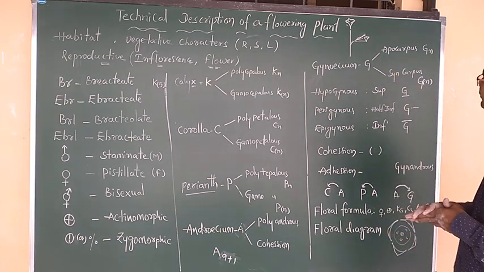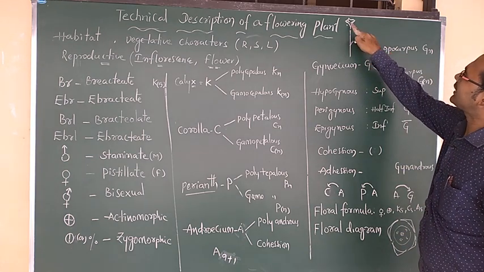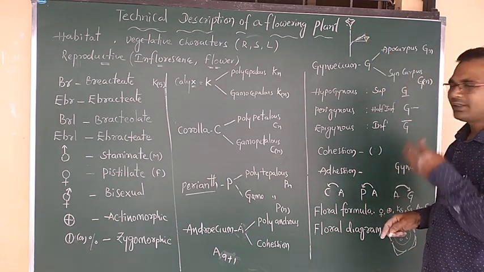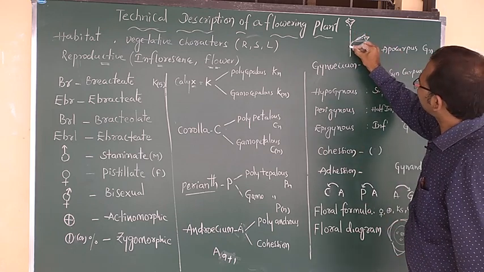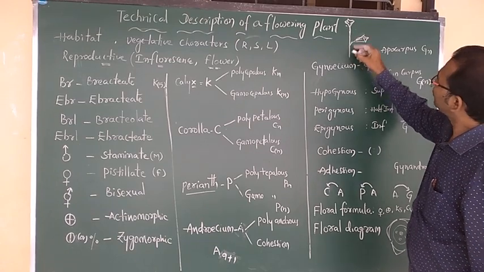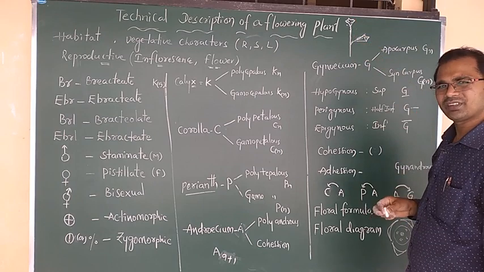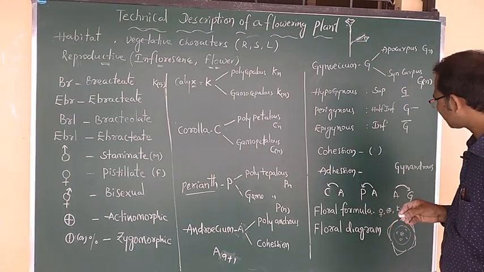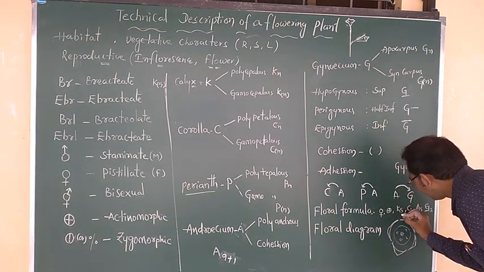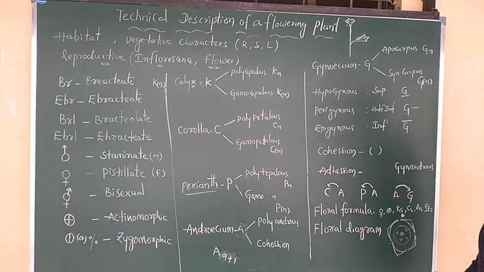But come to here, how is the mother axis with respect to the flower? Now see, this mother axis, the plant's mother axis, towards the flower, the same axis. That's why we keep a solid symbol above.